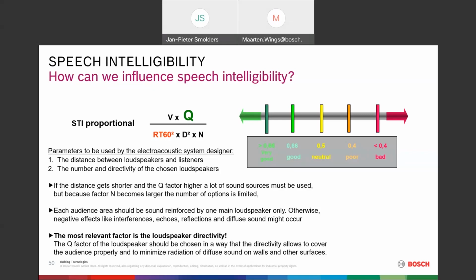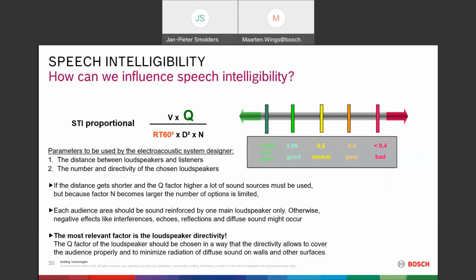Each audience area should be reinforced with one main loudspeaker. Otherwise, you have effects like interferences from other loudspeakers, echoes, and reflections. So you have to be aware of where to position each loudspeaker for a certain area. And then, of course, the directivity, like you see the Q factor here in this equation, is most important.